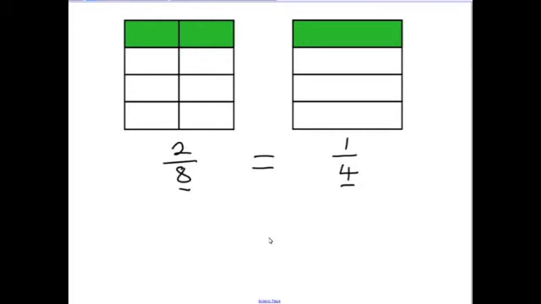And this is what equivalent fractions are. They are two fractions that represent the same proportion of a whole. They may look different because in one of them we have split the whole into more parts. The denominator is different, and therefore the numerator will be different as well.